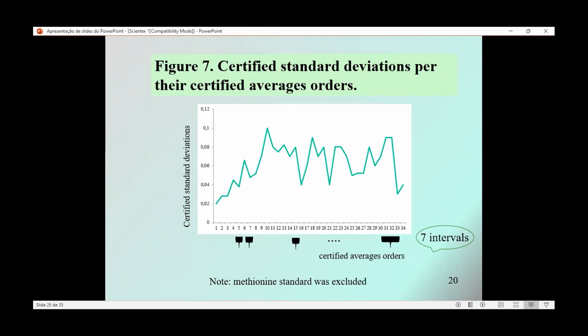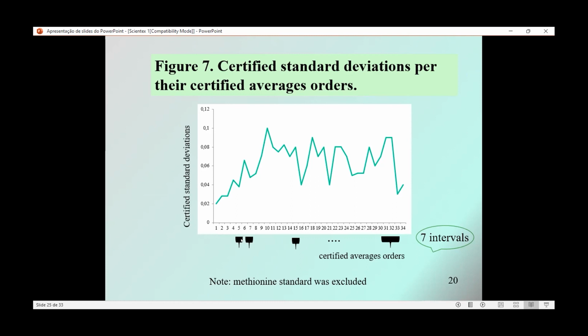Well, now we have here another plot of the certified standard deviation per their certified averages. But here the averages were ordered. We can see here one interval, other interval. The intervals in black are intervals where the certified uncertainties are significantly different one from the other.